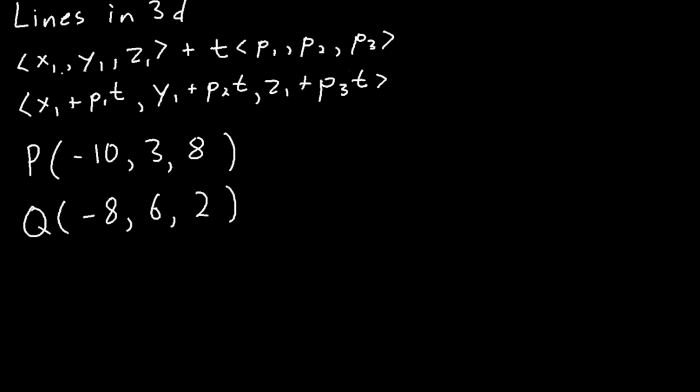So go ahead and write the line form for P and Q. So I'm going to start off by writing the vector P and Q. And let's write the vector from P to Q, not Q to P. So what do you have to do to -10 to get -8? Well, you have to increase -10 by 2. So 2 goes here. 3 to 6 is 3. And 8 to 2 is subtraction of 6.